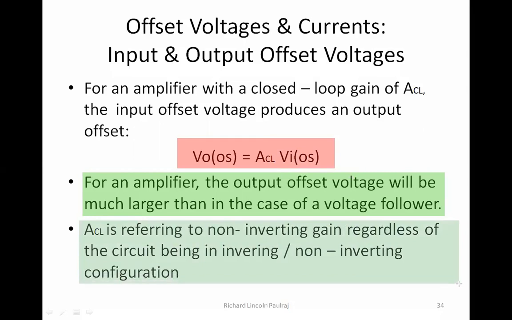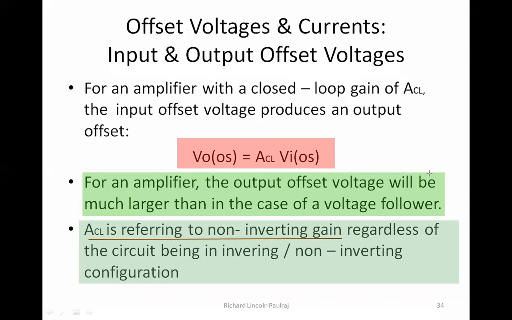You have to keep this point in mind. ACL is referring to non-inverting gain. Very important, non-inverting gain. Even if the circuit is used in inverting or non-inverting configuration, ACL is always referring to non-inverting gain.